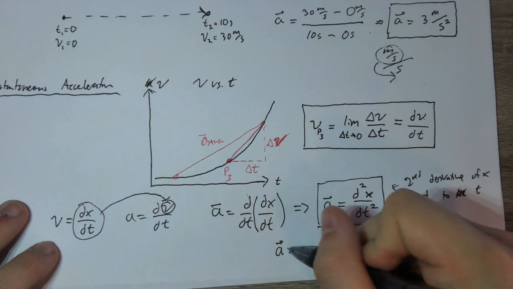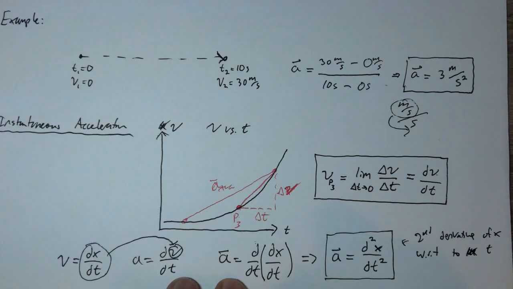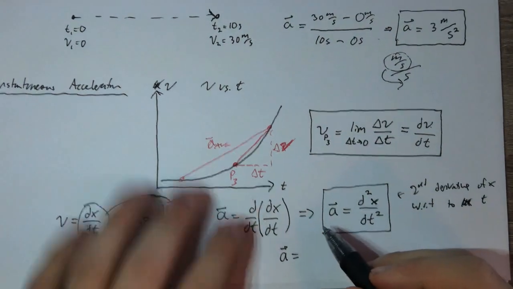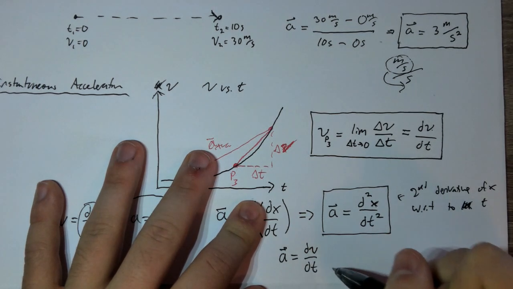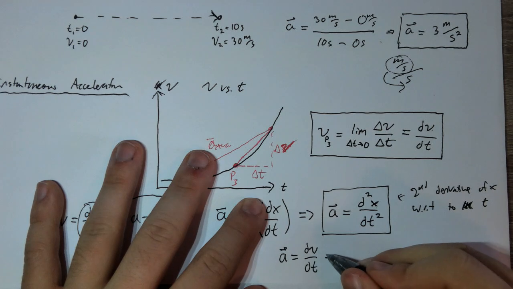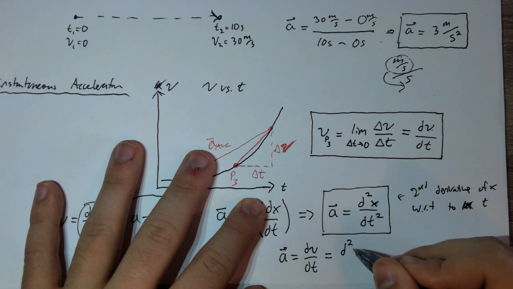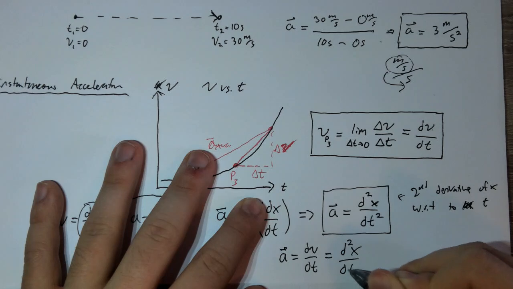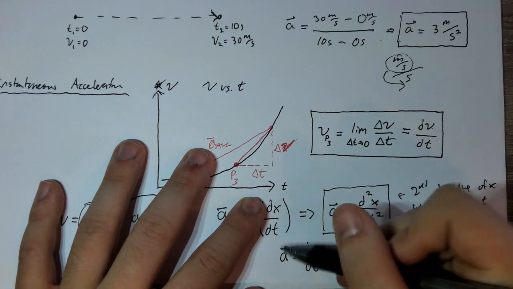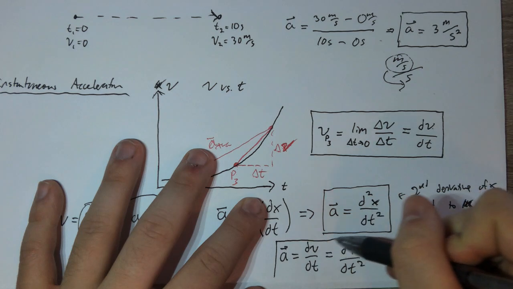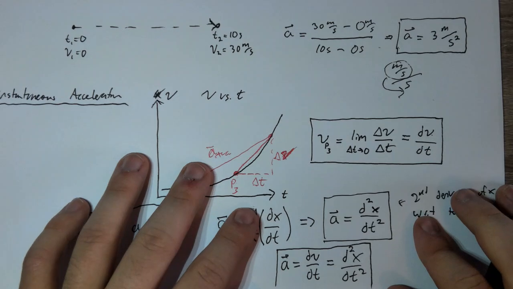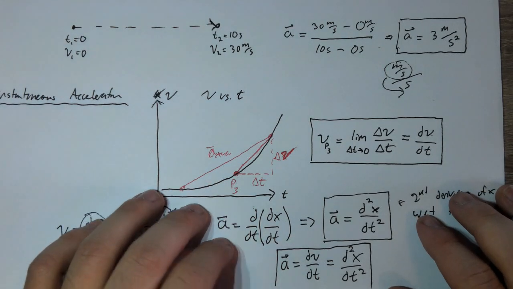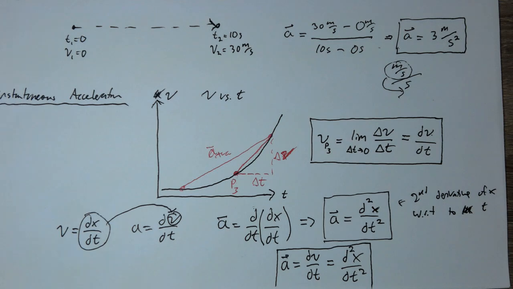So I'll write a nice equation out here where acceleration is equal to the derivative of velocity with respect to time, which is equal to the second derivative of position with respect to time. And so that is an introduction to acceleration in both its average and instantaneous forms. Thank you for watching.